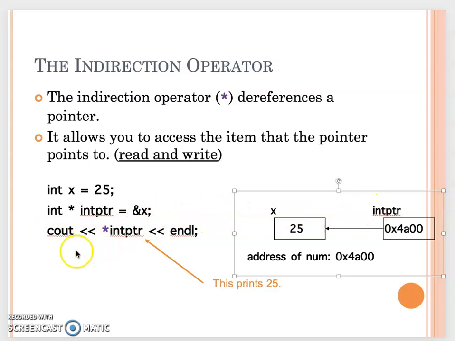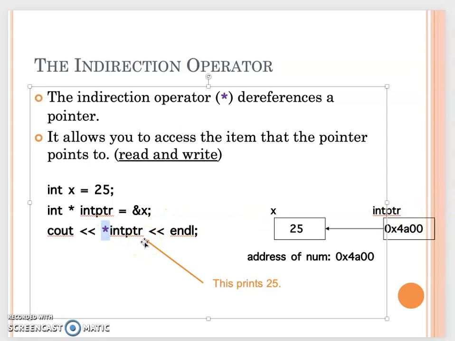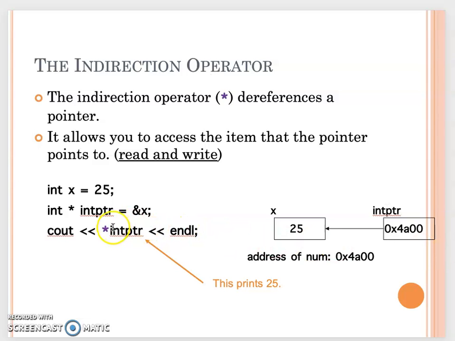If you only display int ptr, it will display this address value. But if the pointer has the asterisk associated with it, we call this dereference. It sees this memory address, then dereferences to access this location. So when you dereference the pointer variable, it will display the value of the memory location it refers to. That's what we call the indirection operator.